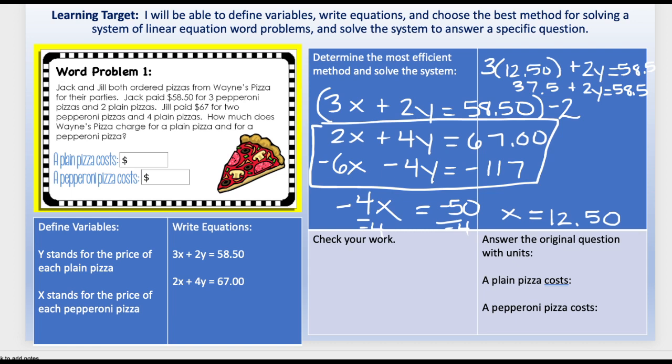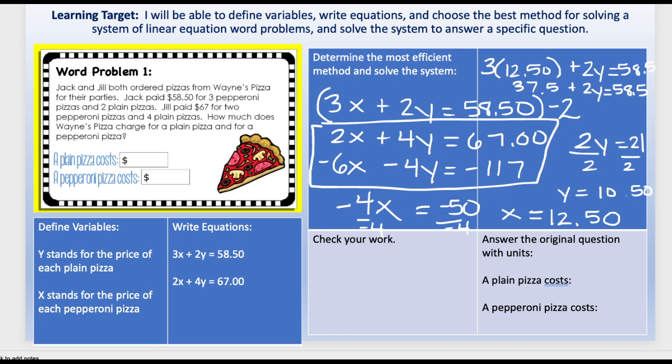Sorry about that. So then I get 2y equals 21. I'm going to divide both sides by 2, and I get y equals $10.50.